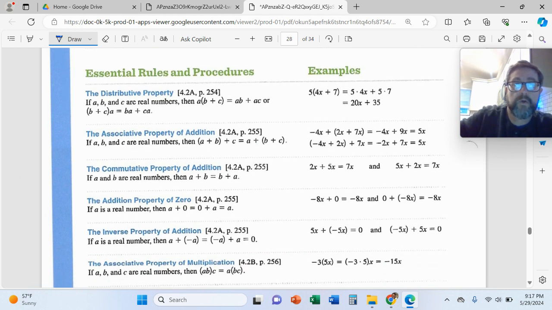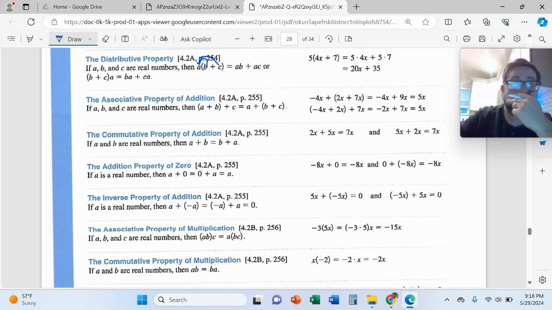Essential rules. The distributive property: if A, B, and C are real numbers, then A times (B plus C) equals AB plus AC. You're distributing this to this and this to this, so you're getting AB and AC. The associative property of addition: (A plus B) plus C is the same as A plus (B plus C), just moving the parentheses.